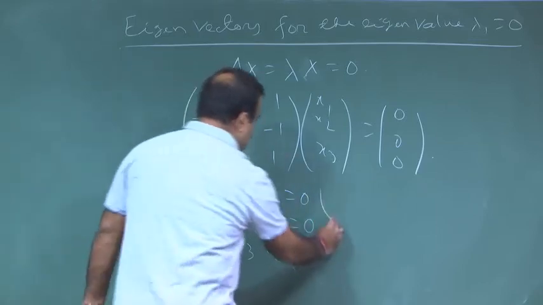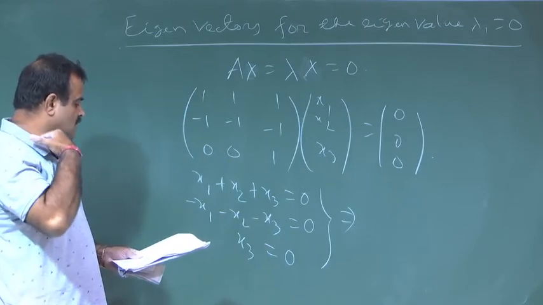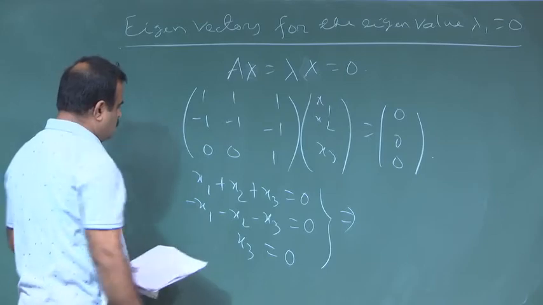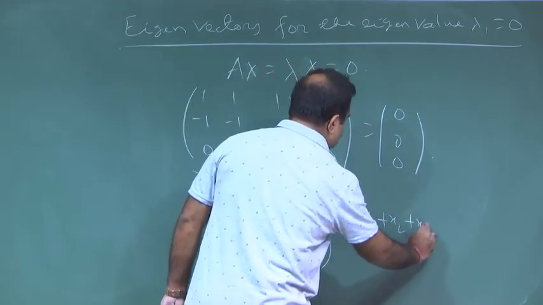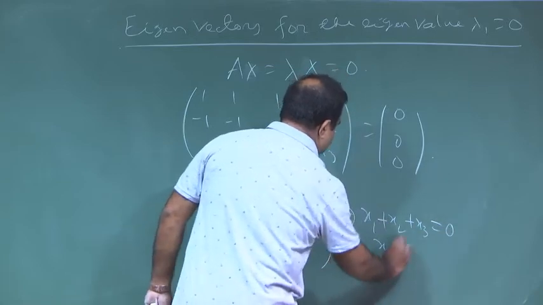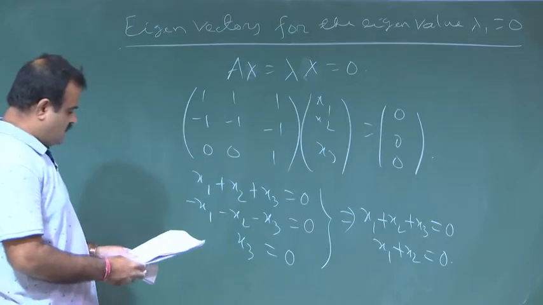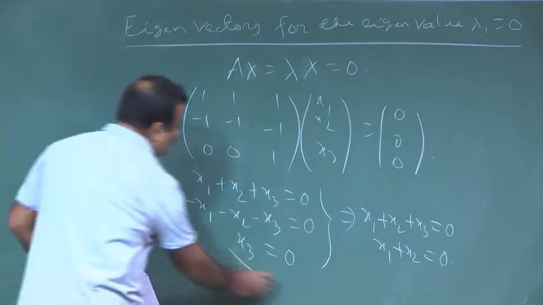So, this gives us x 1 plus x 2 equal to 0 and x 3 equal to 0. We have basically two equations, and we have no option for x 3.